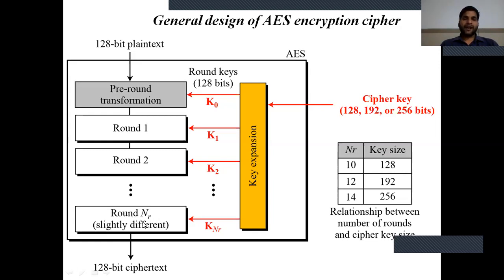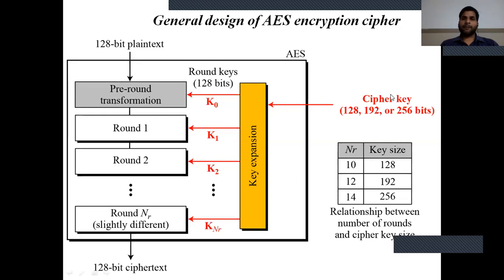Nr depends on the key size. The last round is slightly different from the other rounds, which we will discuss in the next topic. If Nr is 10, the cipher key size is 128.